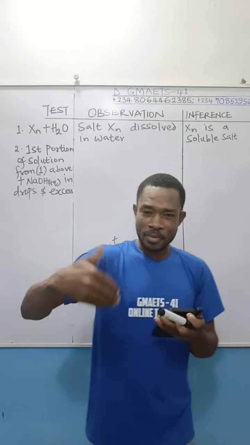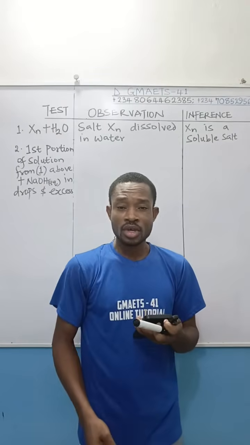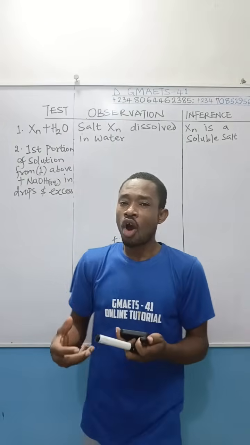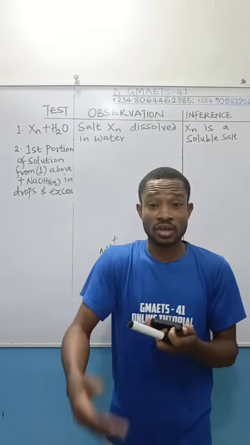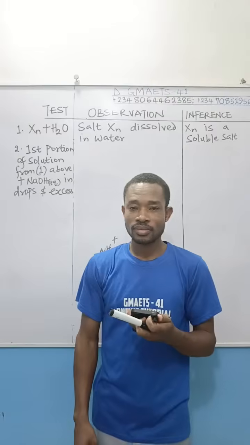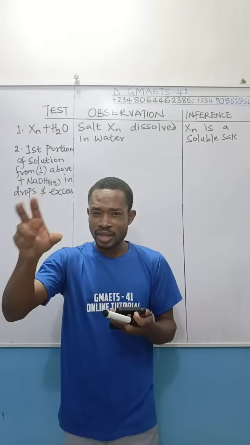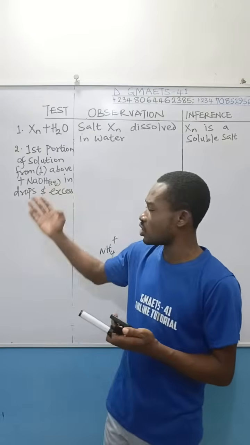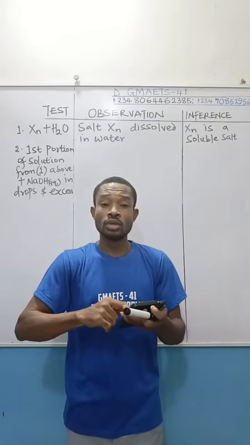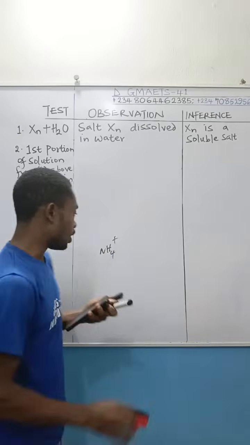So when you are preparing for your exam tonight, for those that have the exam tomorrow, you are meant to know the color and behavior of these ions with sodium hydroxide. That will guide you so that when you are running the experiment, you know what you are targeting. This reagent is used for these ions, and depending on what you observe, it will help you to infer what actually is there.